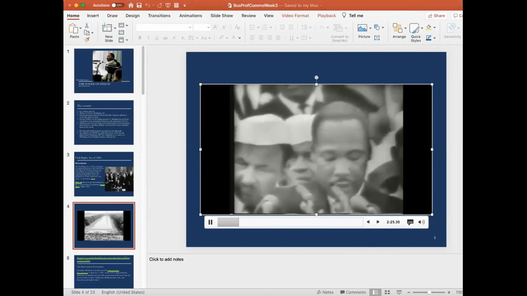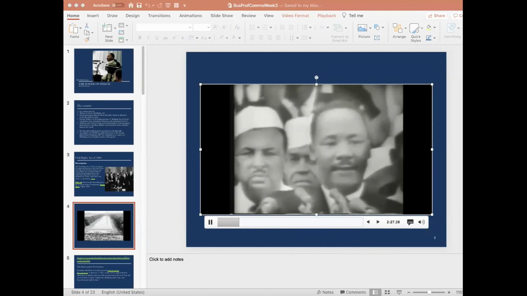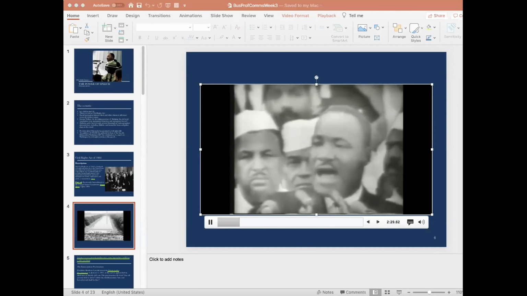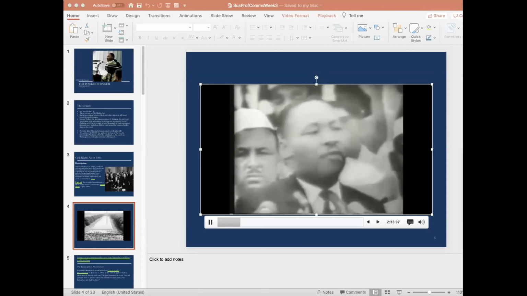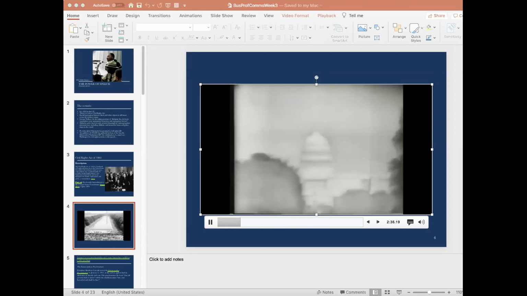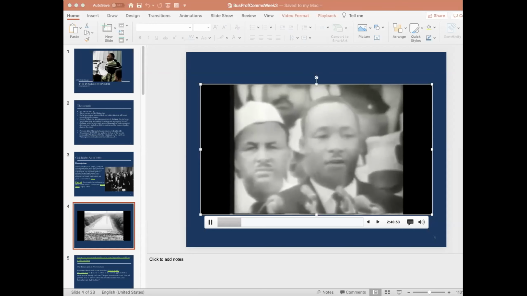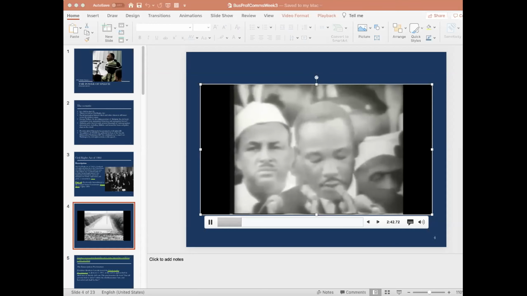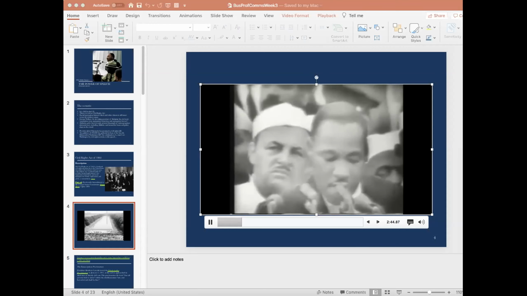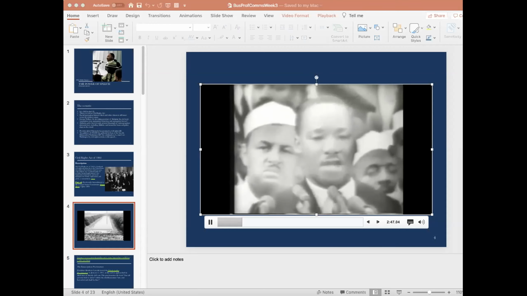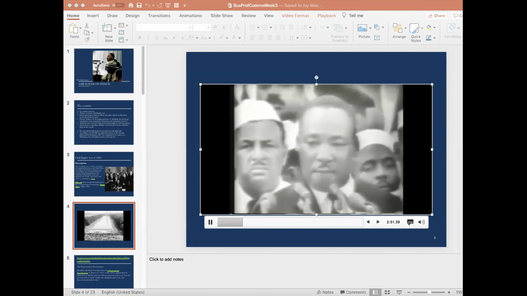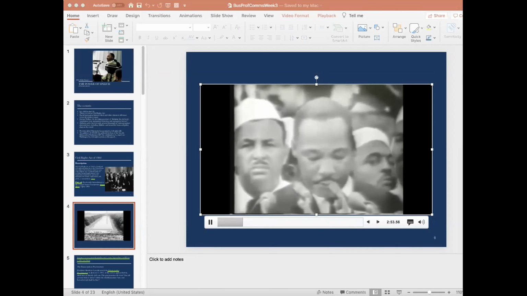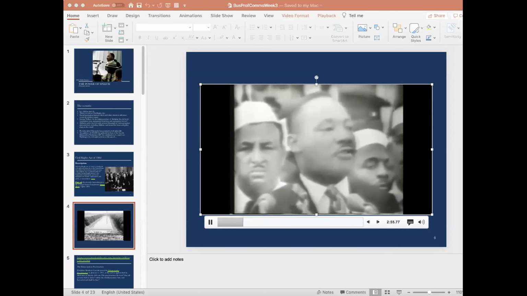And so we've come here today to dramatize the shameful condition. In a sense, we've come to our nation's capital to cash a check. When the architects of our republic wrote the magnificent words of the Constitution and the Declaration of Independence, they were signing a promissory note to which every American was to fall heir.